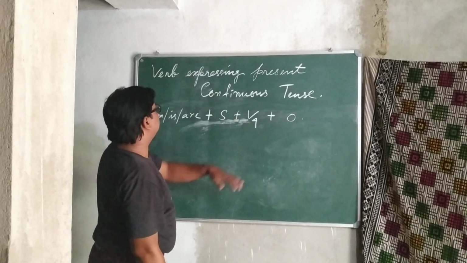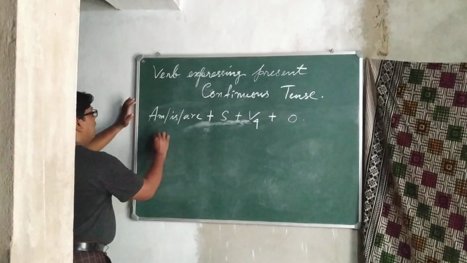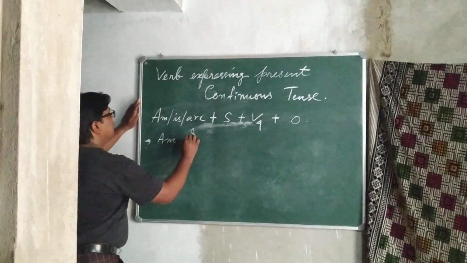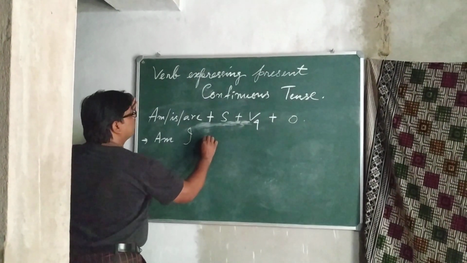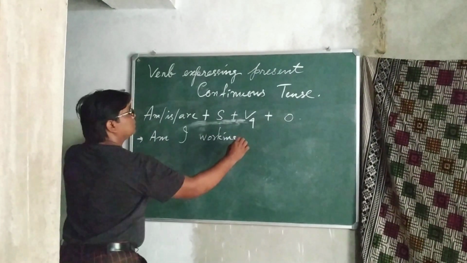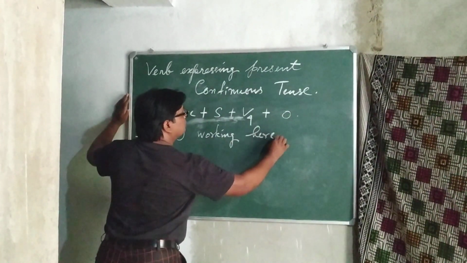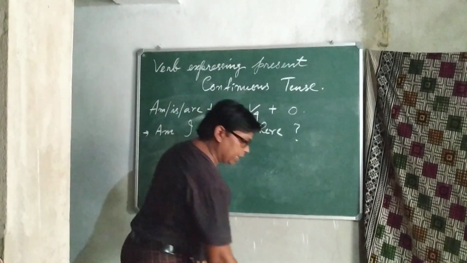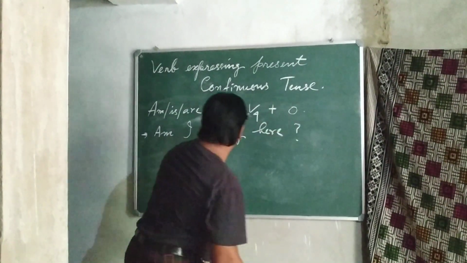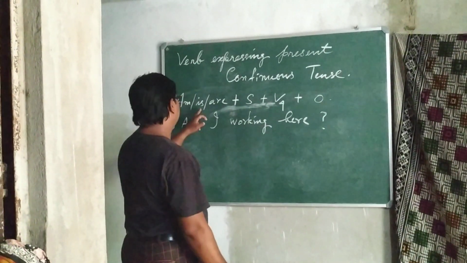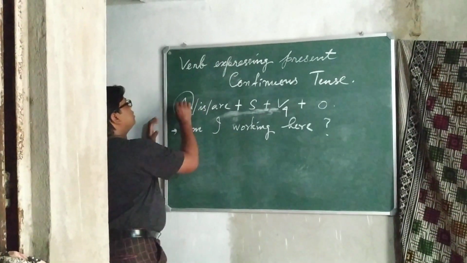How are we going to make this? Am I working here? Question mark. When we make an interrogative sentence, we have to apply a question mark at the end of the sentence. So, am I working here? Now uses of am is over.